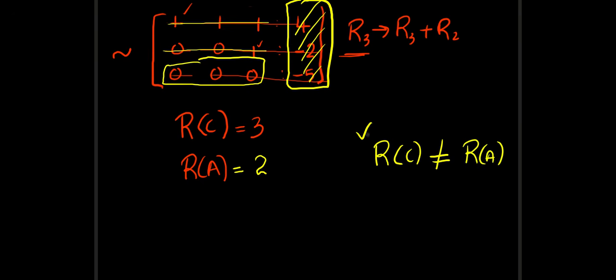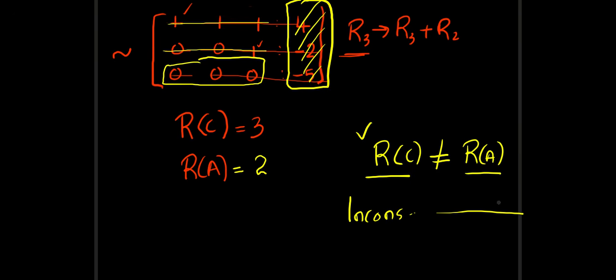Earlier I told you, if rank of C and rank of A are not equal, then the system will be inconsistent. That means you will not be able to find a unique solution or infinite solution.